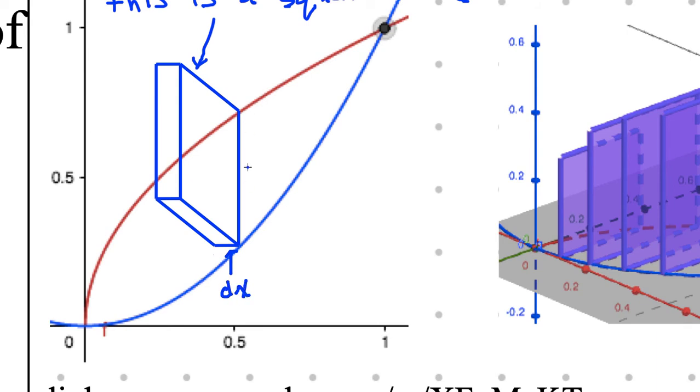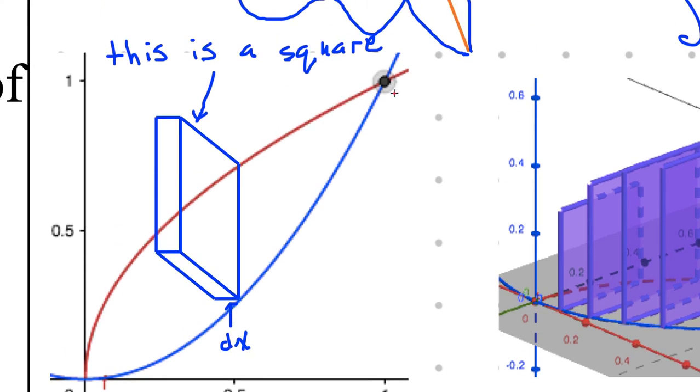What is this height right here? Does anyone know this height? Well, let's assume that our red function is f of x. And we'll call this blue one g of x. Yeah, so this height, as Arrow said, is f of x minus g of x.